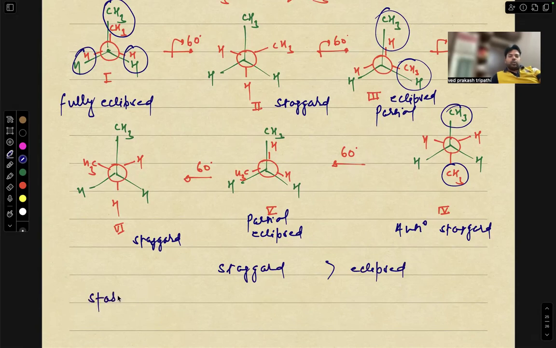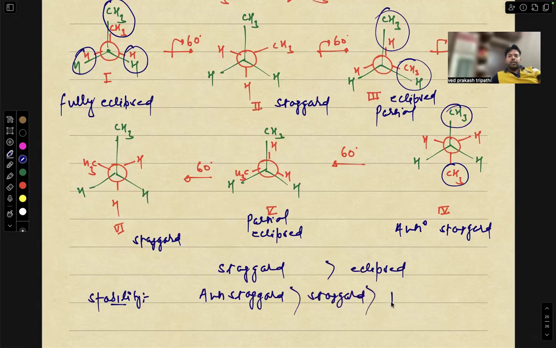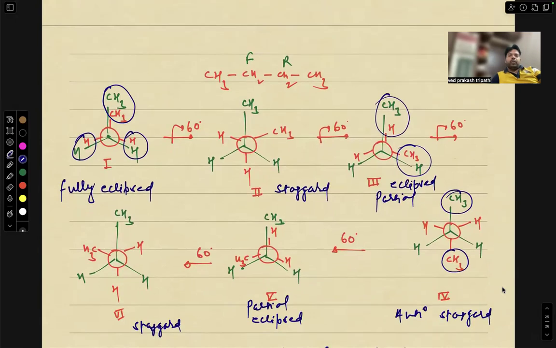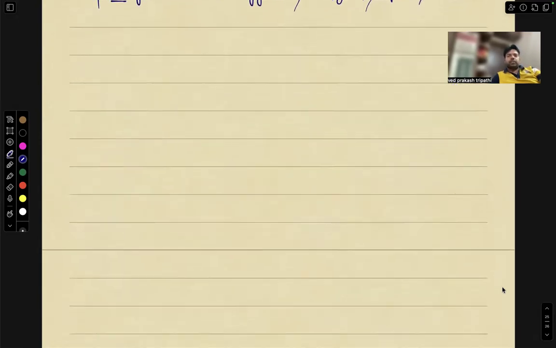So for the stability order, anti-staggered has the highest, then staggered, then partial eclipsed, and then fully eclipsed. Fully eclipsed is the least stable because the same group lies with the same at 0 degree angle, so they have the highest repulsion. This is the Newman projection of normal butane, the conformations basically.